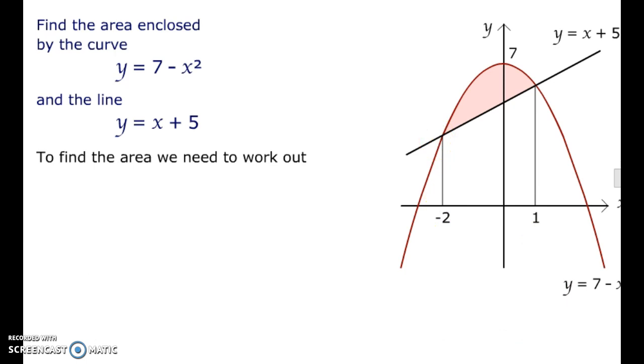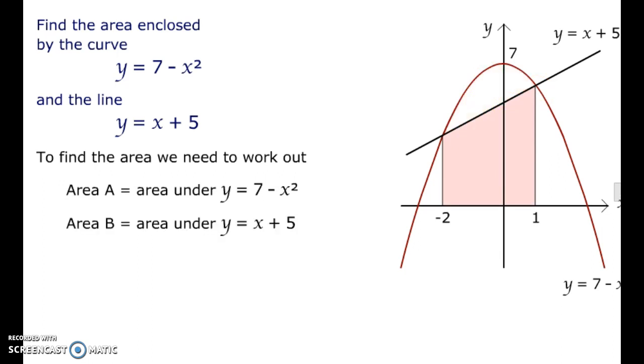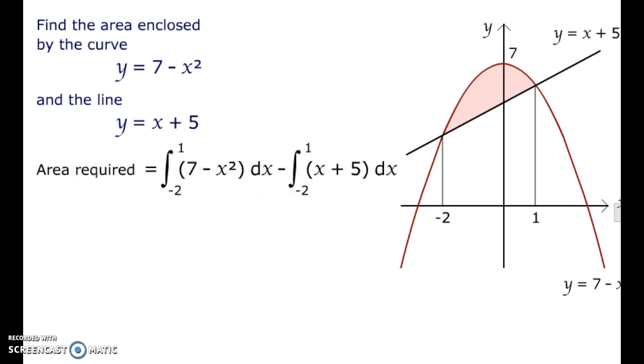To find the area, we need to work out the area from minus 2 to 1 under the parabola and then under the line. We see the parabola is upper and the line is lower. So upper minus lower, always remember. So the area under the parabola, then the area under the line, and then subtract.